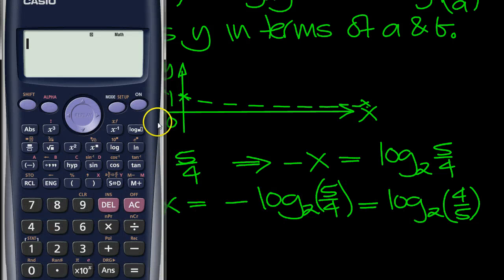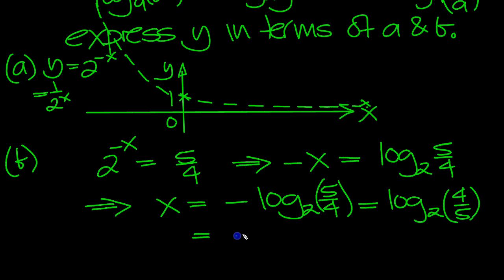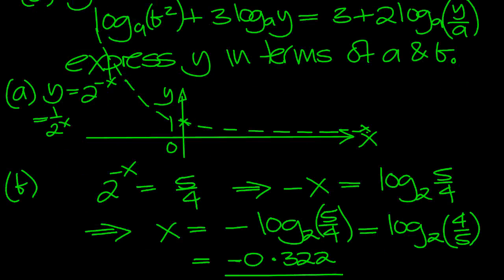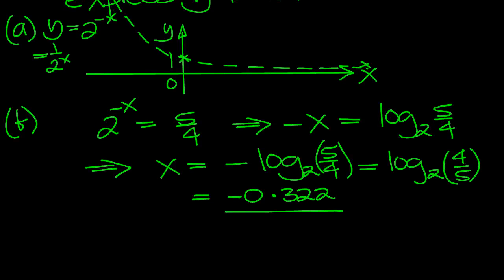Log 2 of 4/5, or 0.8, gives minus 0.3219. Three significant figures, minus 0.322. And let's just check it was to three significant figures. Yeah, that's fine. Okay, that's part B.